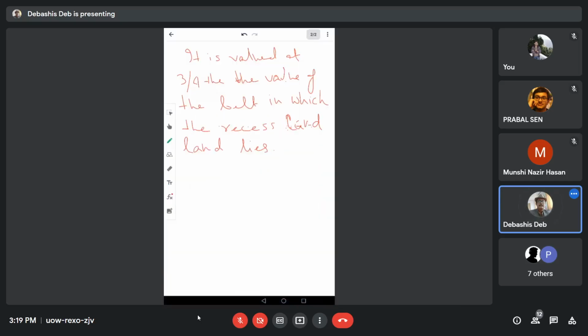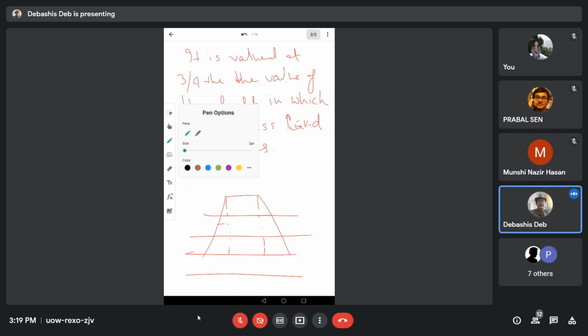What does it mean? As I have shown you, let me draw another plot, irregular shape. So two boundaries are here, one here, one here. So let me draw like this: first build, second build, third build.